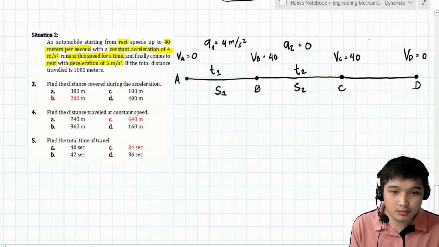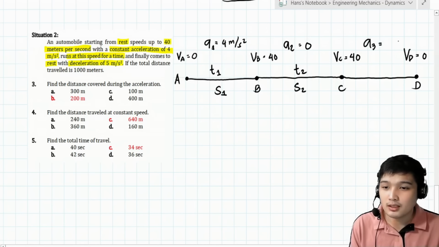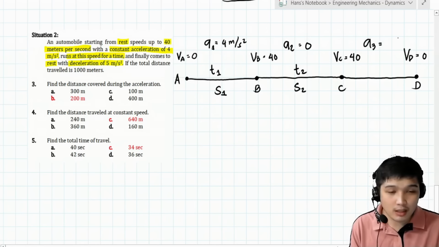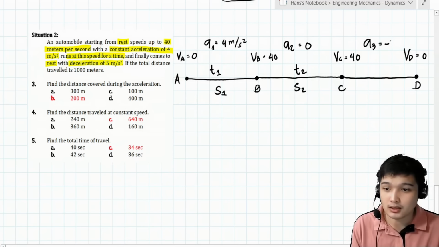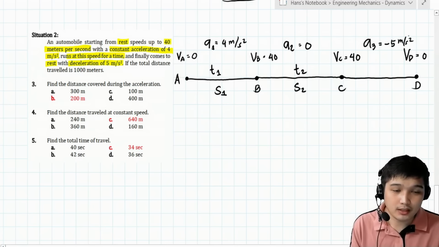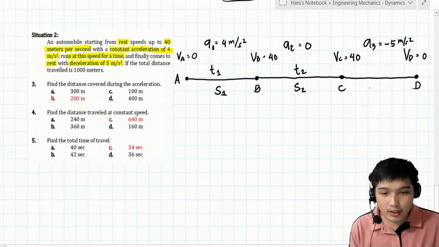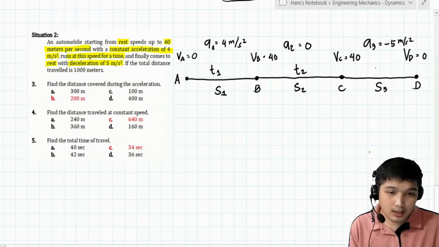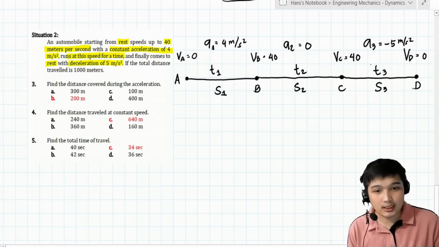This happened because the acceleration, which we call A3, is 5 meters per second squared. But it was said to be a deceleration, meaning it slows down. When we say deceleration, that is a negative acceleration, so we write negative 5 meters per second squared. So it has a distance to travel during that period, which we call S3, and the time interval for C to D we call T3.